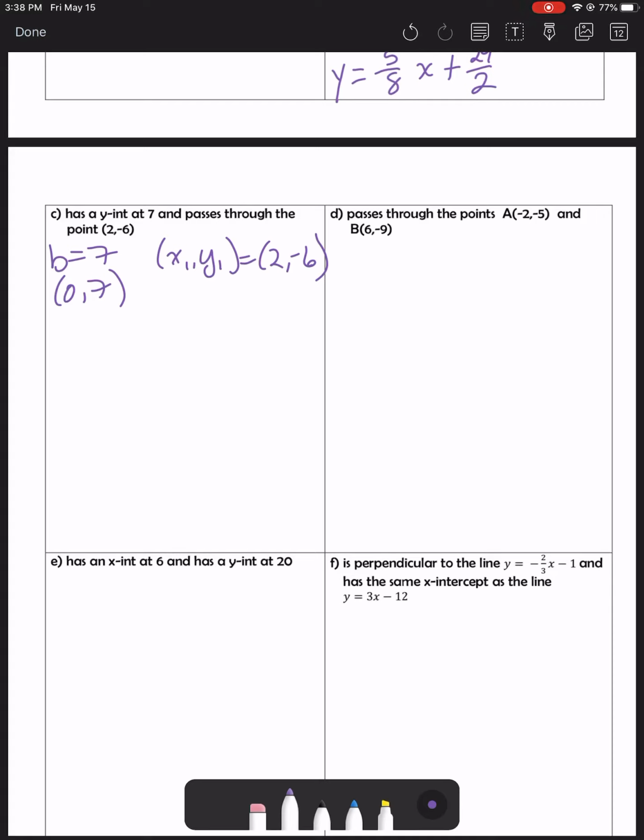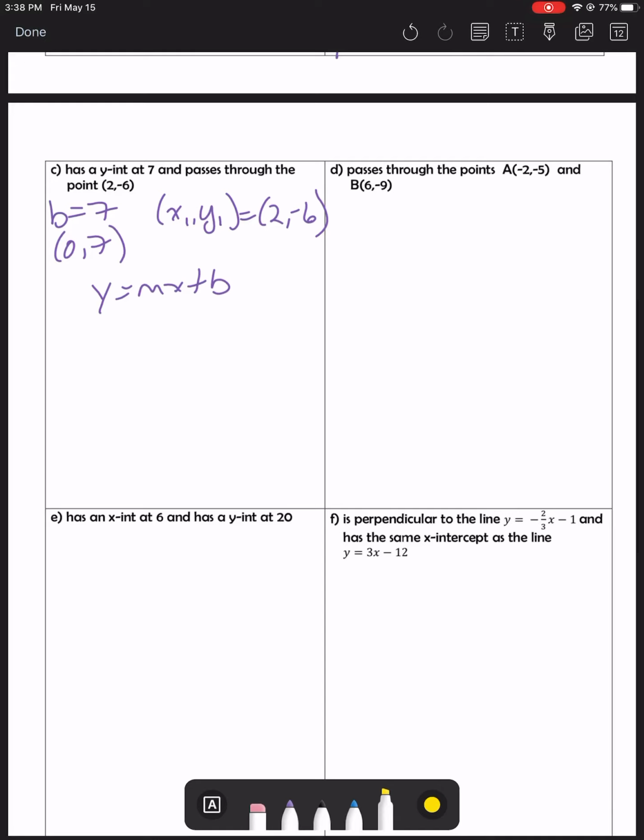Now, to use the equation y equals mx plus b, I need to know m. I need to know m and I need to know b.